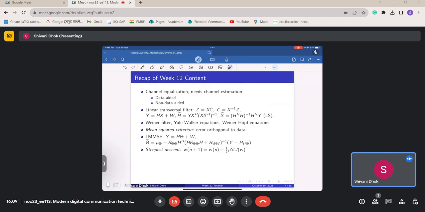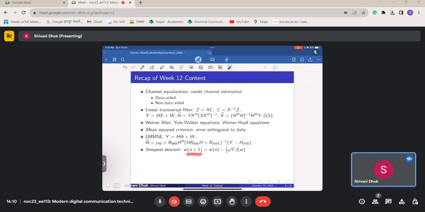Another iterative way in order to get your estimate can be steepest descent. This allows you to minimize your function by going in the direction opposite to the maximum change. That is known as steepest descent.